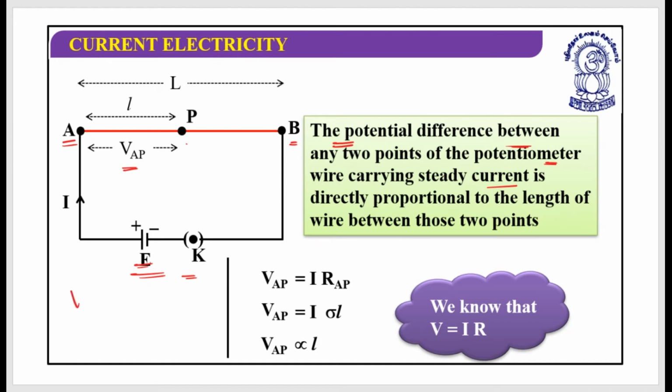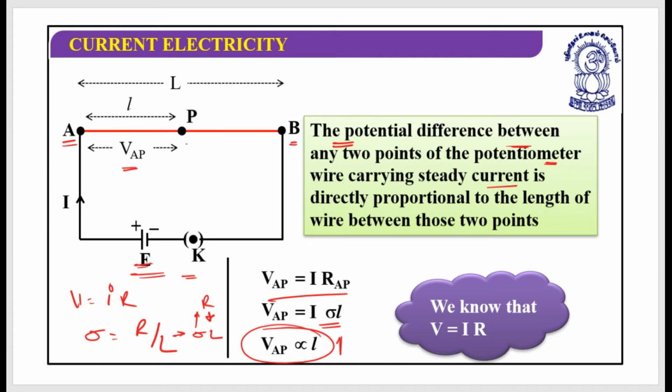According to Ohm's law, V is equal to I into R. In previous slides we defined that sigma should be R by L. So for RAP, the resistance between point A and point P, R can be replaced by sigma into L. So that can be written as I into sigma into L, and thus VAP, the voltage between points A and P, is directly proportional to the length.